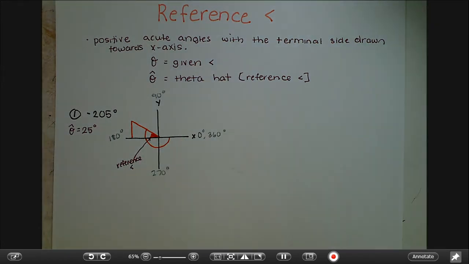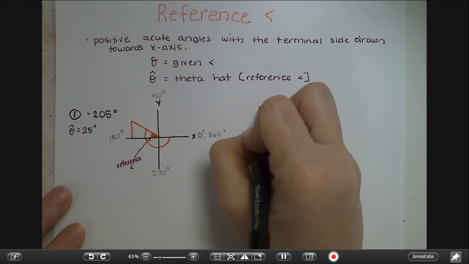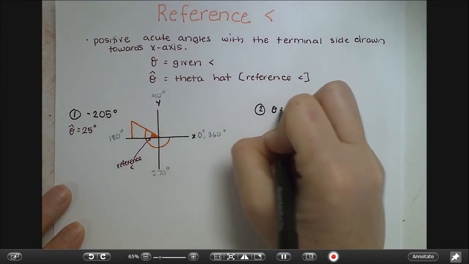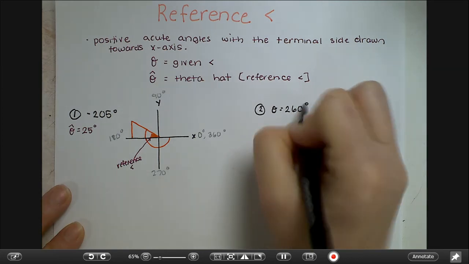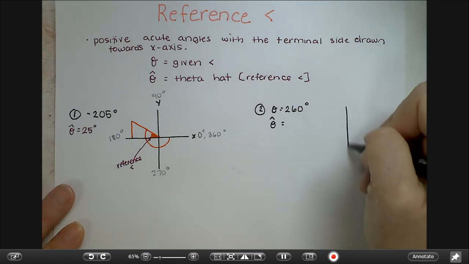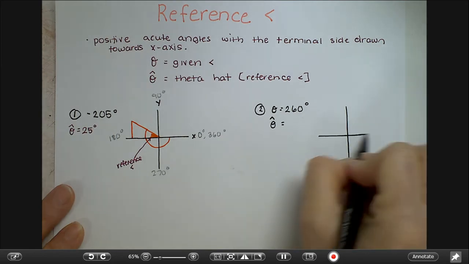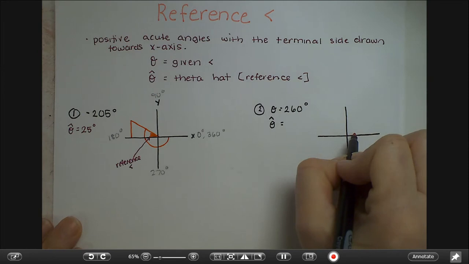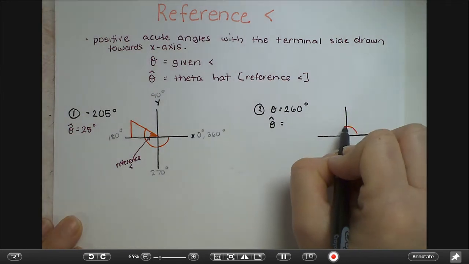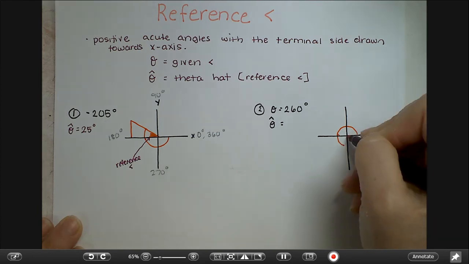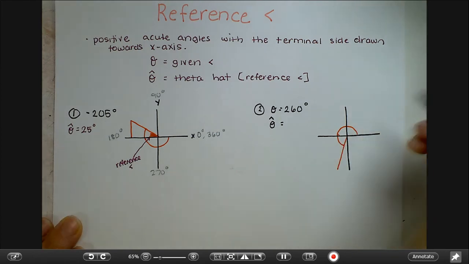All right, hopefully you kind of see what I'm doing. We're going to be given theta is 260 degrees. What is theta hat? So we'll draw. This is positive 260. So we're going to start positive 90, 180, and the next one's 270. So we're only going to go just shy of that.